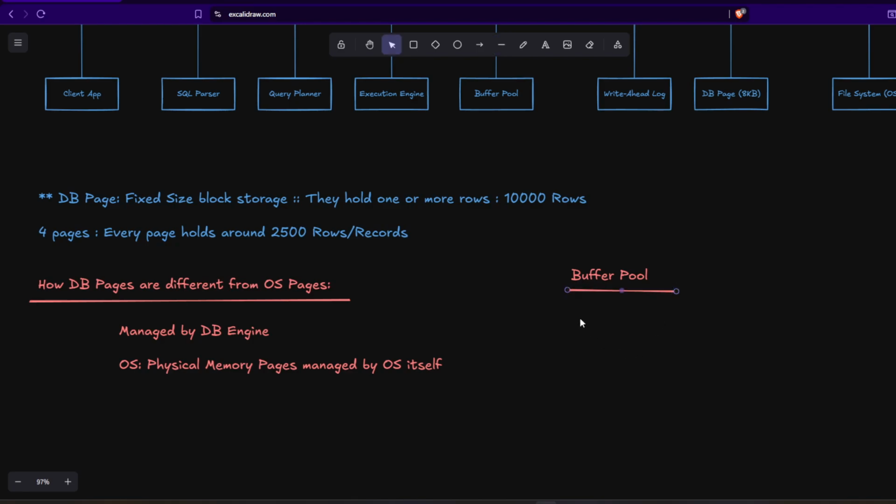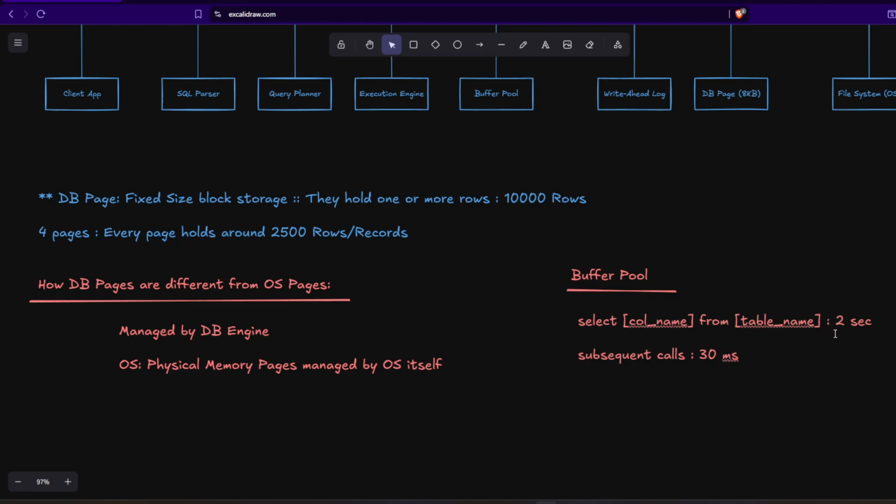You must have noticed one thing. Suppose you run a select of some column name from some table name. At first it might take 2 seconds to get the data, but in subsequent calls it takes probably 30 milliseconds.